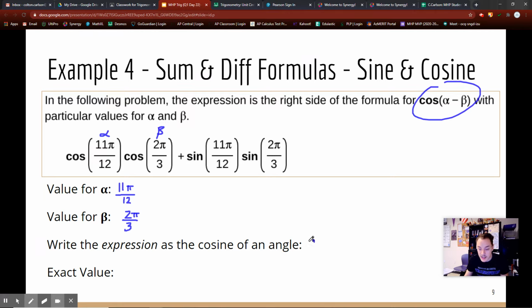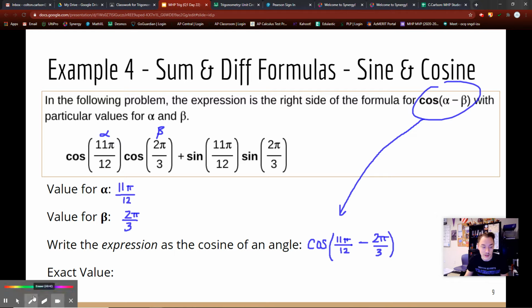The expression is this, cosine, again, taken directly from here. So cosine of my alpha, 11 pi all over 12, minus my beta, which is 2 pi all over 3. And so we need to actually simplify this because I want to know exactly what this is saying. I know 2 pi over 3 is 120 degrees. 11 pi over 12, though, what the junk is that? Don't know. So let's try to figure it out.